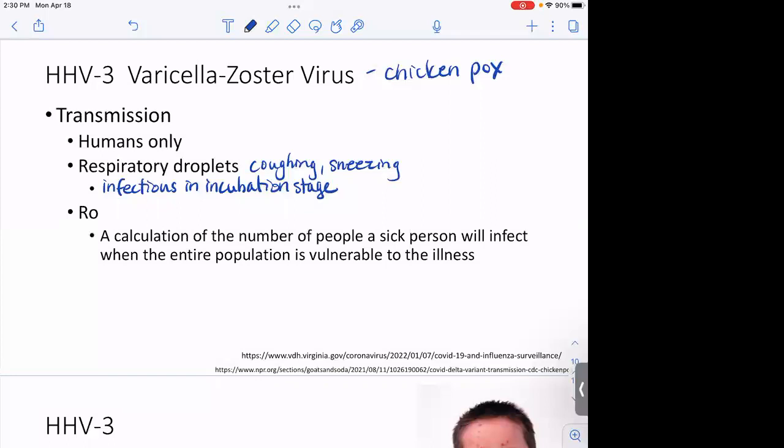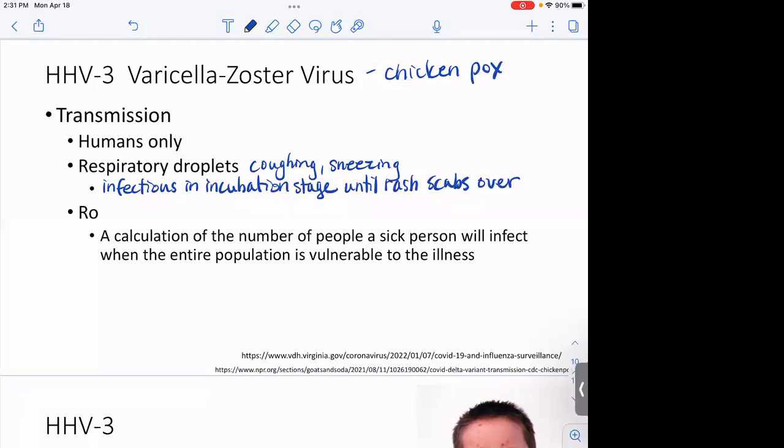Potentially that incubation period is a little bit longer than that. So they're infectious for a couple days before the rash shows up, and then until the rash scabs over. The rash might not scab over for 4 or 5 days, and then a couple days before that.